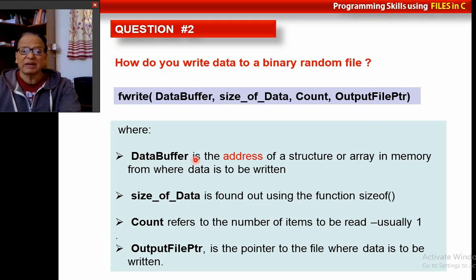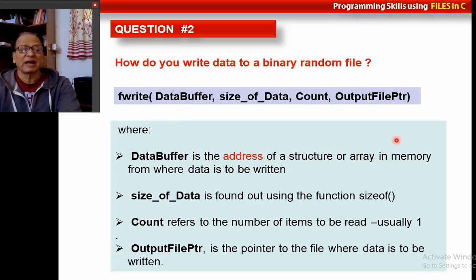So for the data buffer, it is the address of the structure. If s contains the student data, s is the structure, s is of student type, it contains the data. I can directly write all the data, not one by one. I'm writing all the data together, and therefore it is called a data buffer. I give just the address of the data. This is the address of the array. I just give the address of the array.